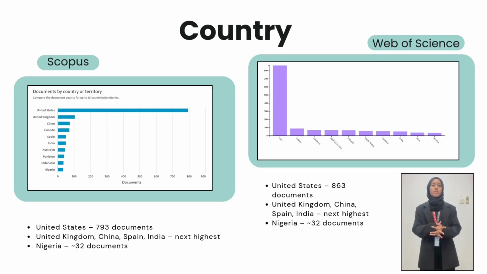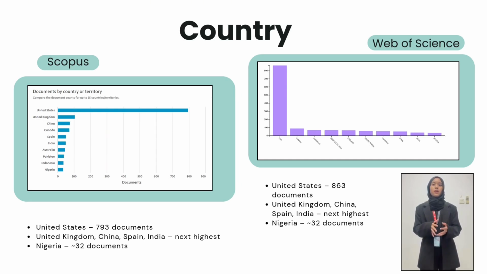And the third one is country analysis. From the perspective of countries, the United States records the highest number of publications in both databases. In Scopus, they published 793 documents, and in Web of Science, 863 documents.